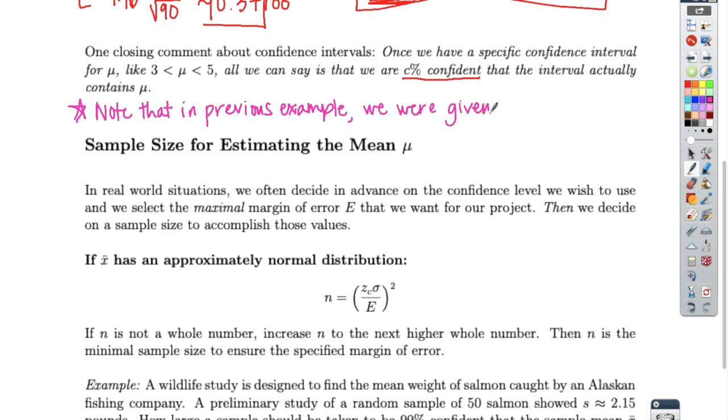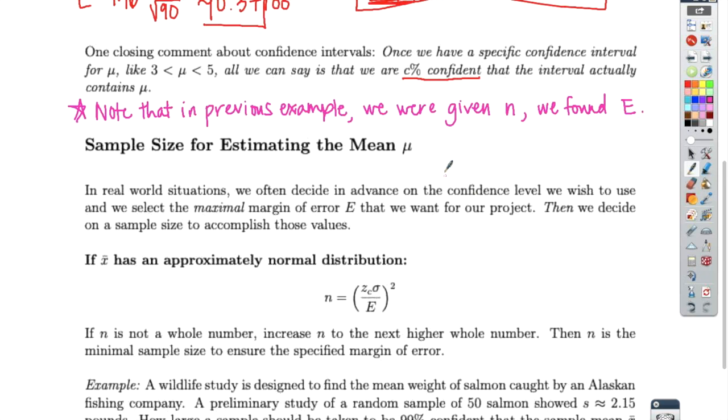So we were given n, and then we found E, the margin of error. We found the error, we were given the sample size. Well, sometimes you want to go backwards from that.